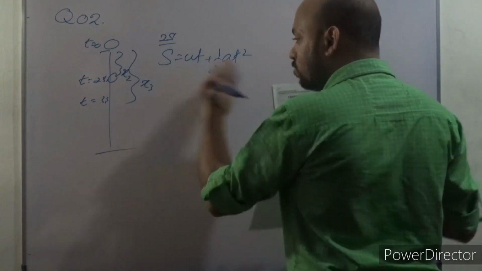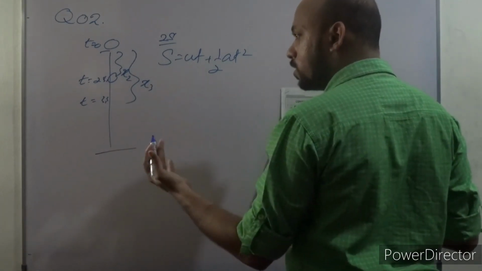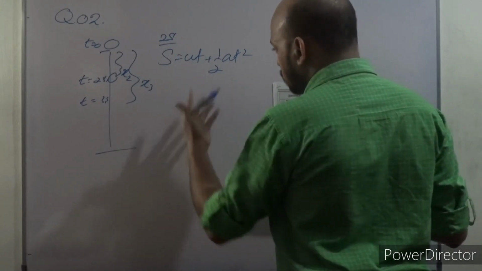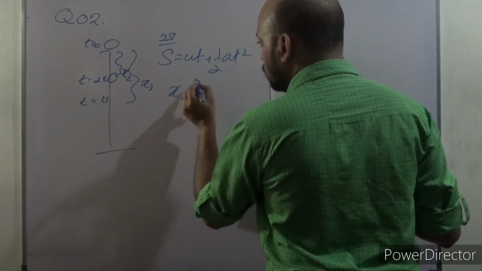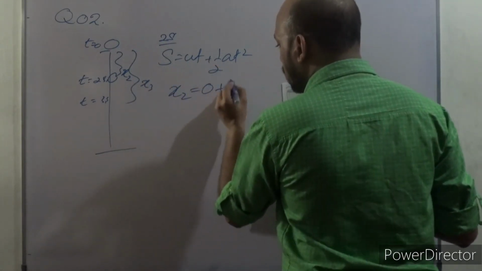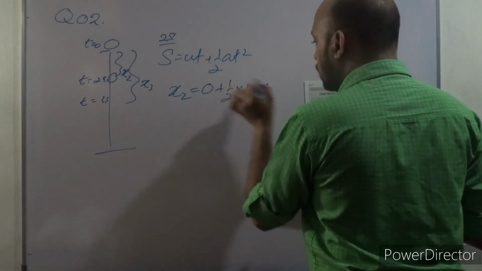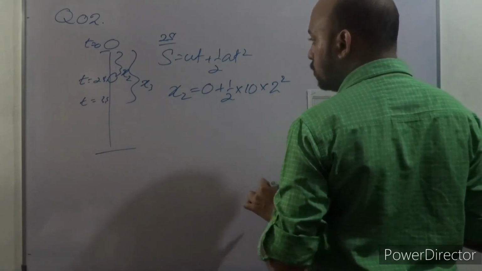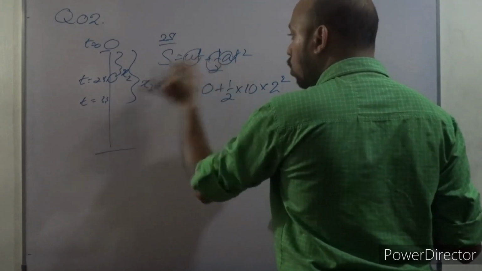For an MCQ there is no need to write the equation, you know the equation, and no one checks your draft paper, so just apply it. For x2, u is 0, half, under gravity 10, and the 2 is squared. Actually, here you can see half, a, and u are common.